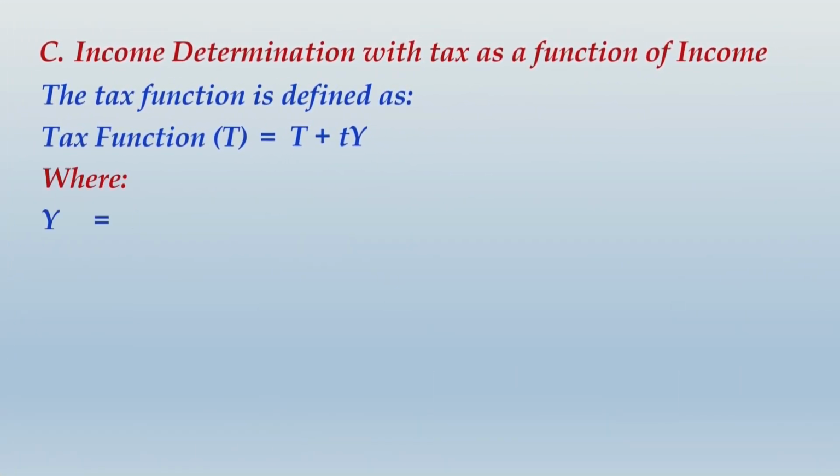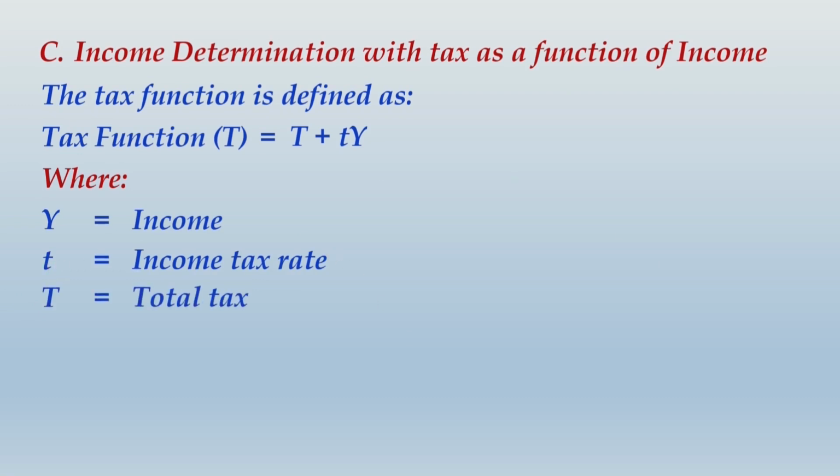So Y is the income, small t is defined as the income tax rate, capital T is the total amount of tax, and T bar is the autonomous constant tax. So T bar is the autonomous constant tax, and this small t is the tax rate which is dependent on the income.